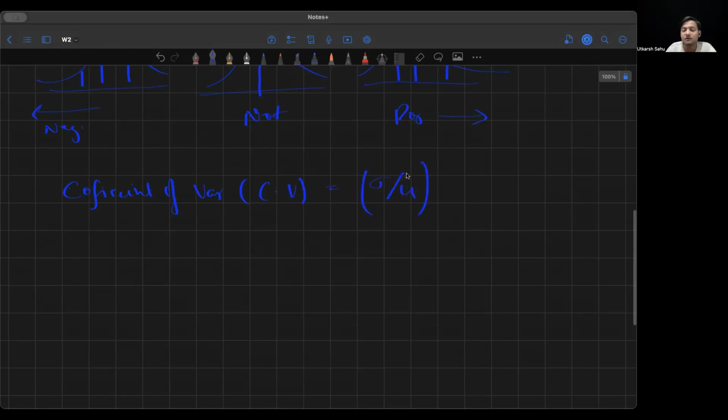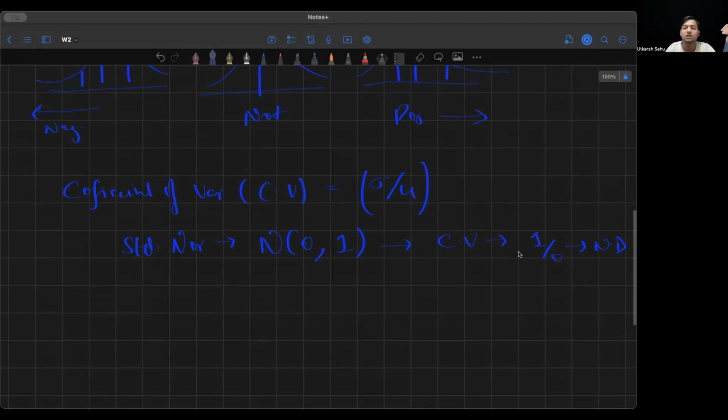So this is your standard deviation and this is your mu. And if you remember your standard normal distribution, that was having your mu, which is the mean, as 0, and your standard deviation as 1. So if you will be calculating coefficient of variation for this one, it would be basically 1 by 0. That is going to be not defined.